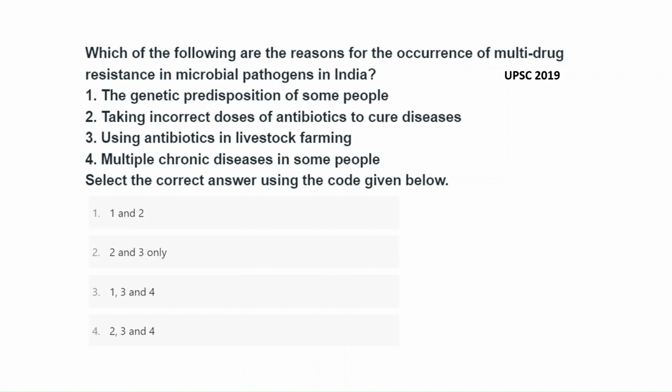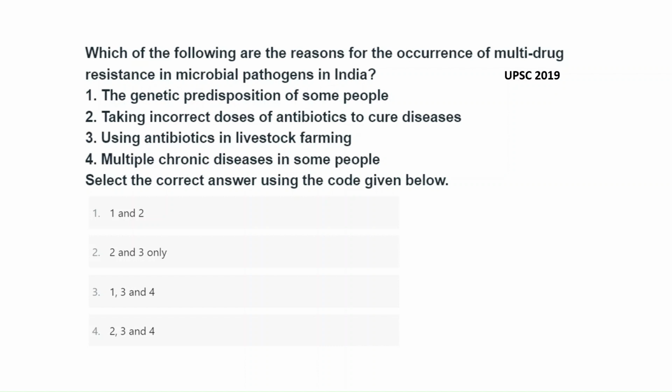The next question is on AMR that we just discussed, and it was asked in UPSC Prelims 2019. Which of the following are the reasons for the occurrence of multi-drug resistance in microbial pathogens in India? The genetic predisposition of some people, taking incorrect doses of antibiotics to cure diseases, using antibiotics in livestock farming, multiple chronic diseases in some people.